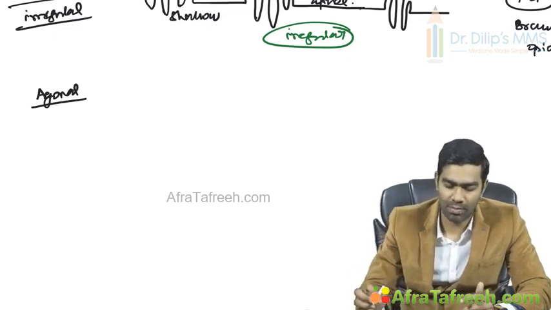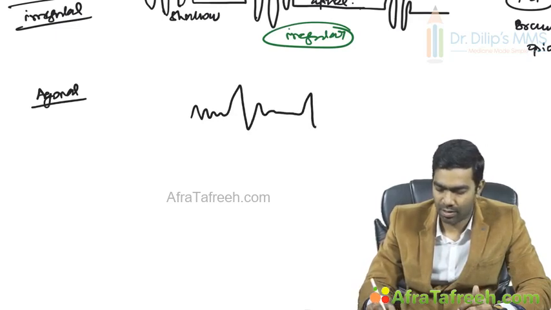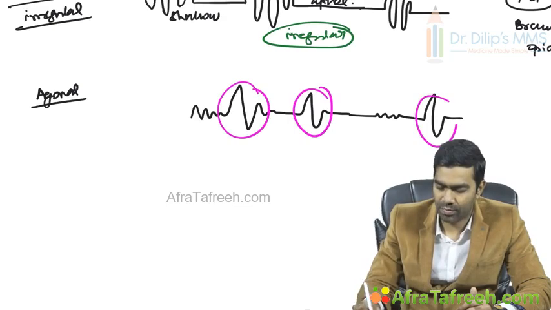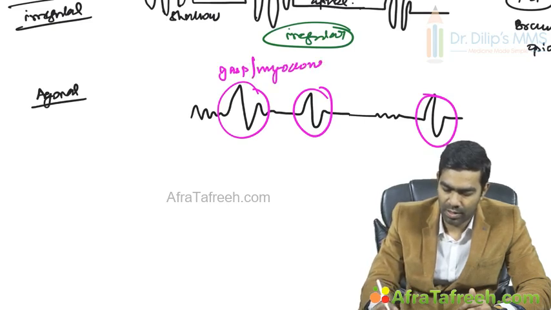These agonal respirations come. How they go is like a respiratory center fibrillation. You can see a sudden breath will come. This sudden breath can be a gasp, or a myoclonus type of breath, or a grunting type of breath.